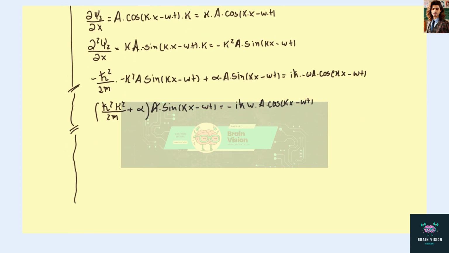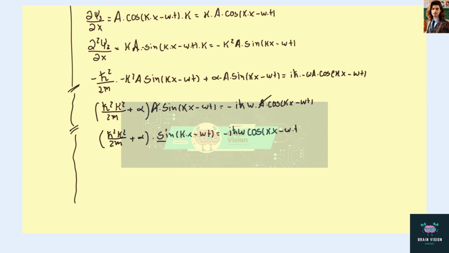Again, these constants, the normalization constants, cancel out, and we have h bar squared k squared divided by 2m plus alpha times the sine of k times x minus omega times t should be equal to minus i h bar omega times the cosine of k times x minus omega times t.